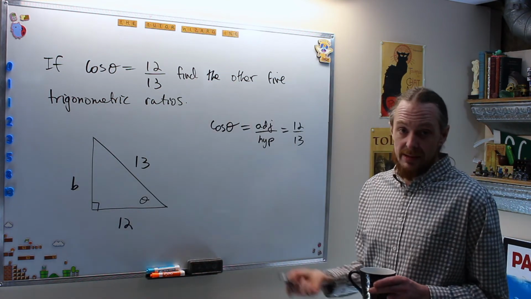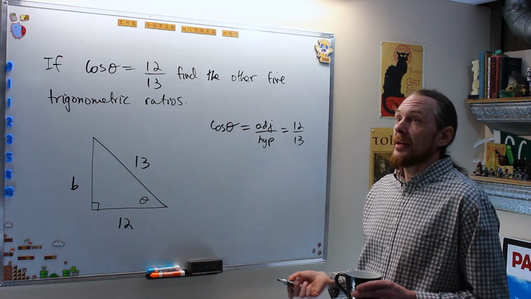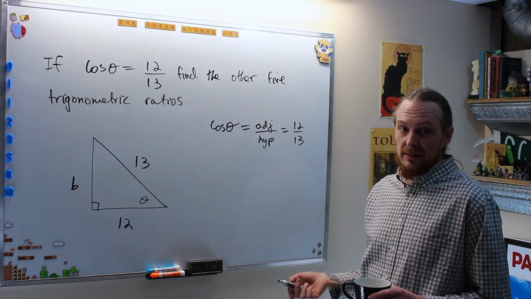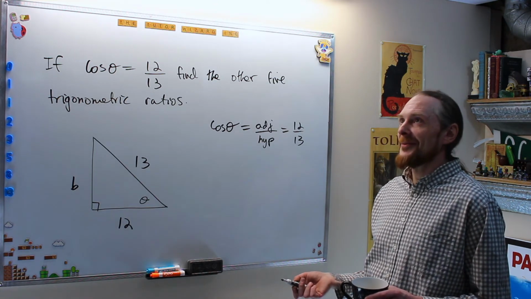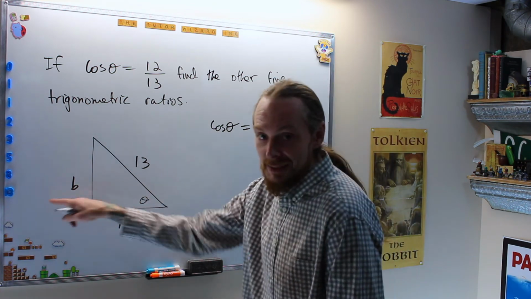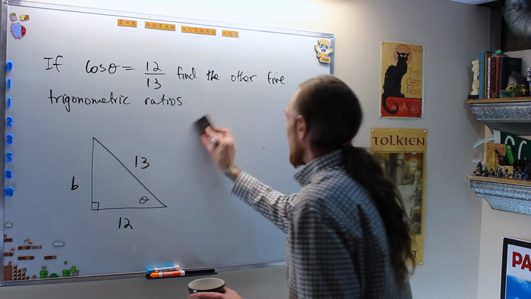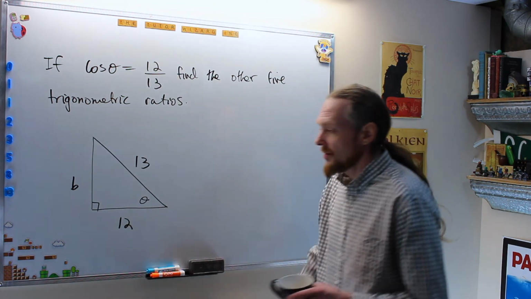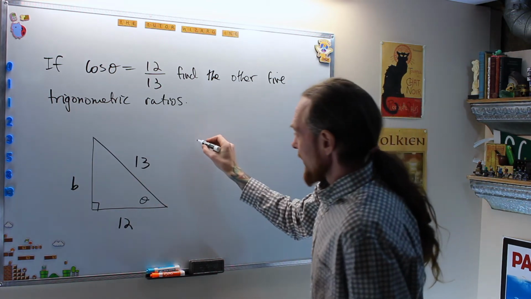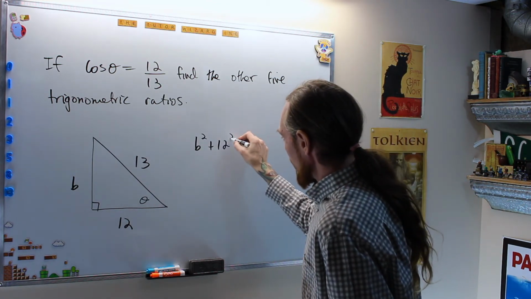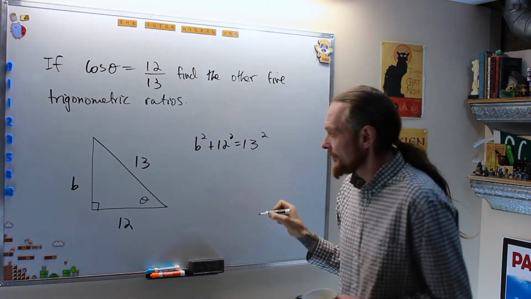A squared plus b squared equals c squared. The sum of the squares of the legs in a right triangle is equal to the square of the hypotenuse. It sounds fancier that way, but it's a squared plus b squared equals c squared. So b squared plus 12 squared equals 13 squared.